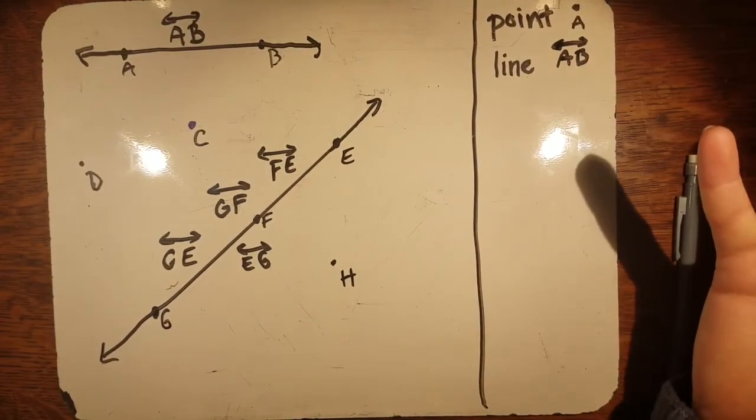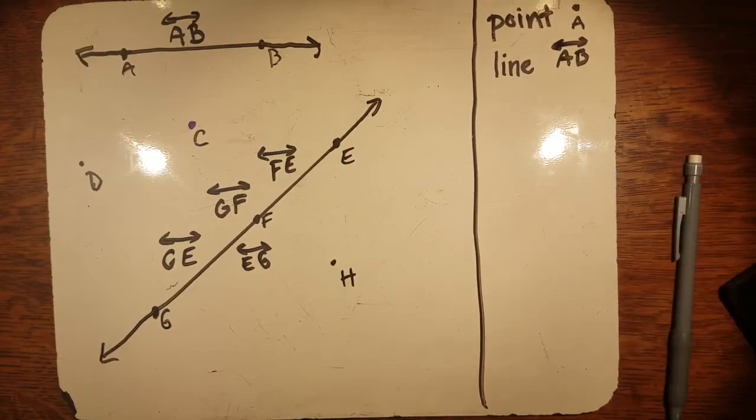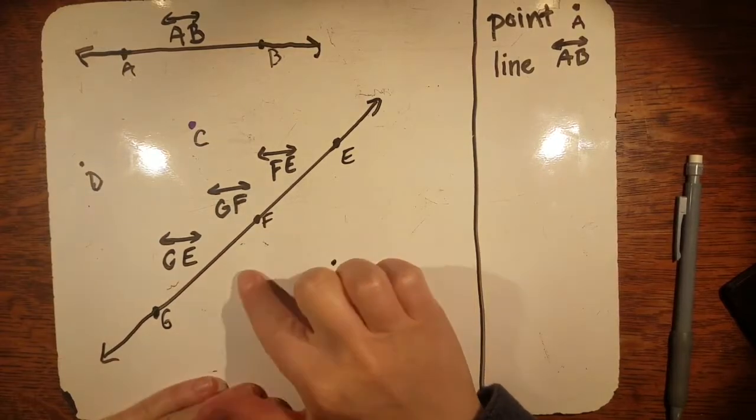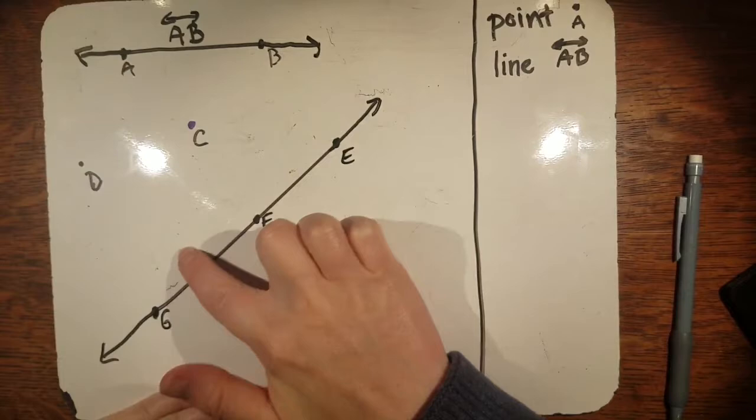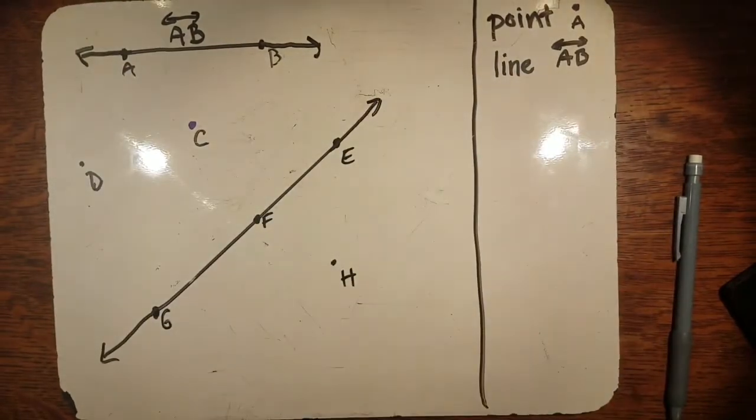But what happens if we want to just talk about one specific spot on that line? Because lines can go forever, there would be an infinite amount of letters and letter combinations that we could have. And sometimes that's important to talk about, but sometimes we just want to talk about this really specific spot on that line.